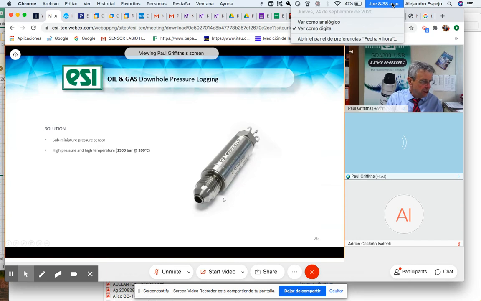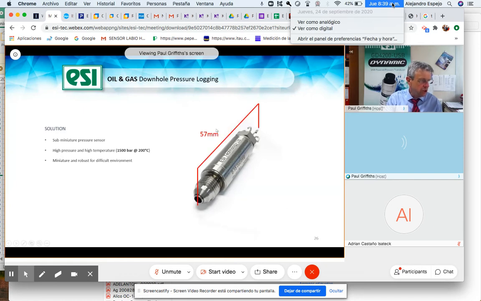But the conditions are pretty bad, so there's all sorts of nasty chemicals down there, acid-based. So titanium is good for that, and the high temperature is also a problem, and also high pressure. So it's altogether a very difficult environment.